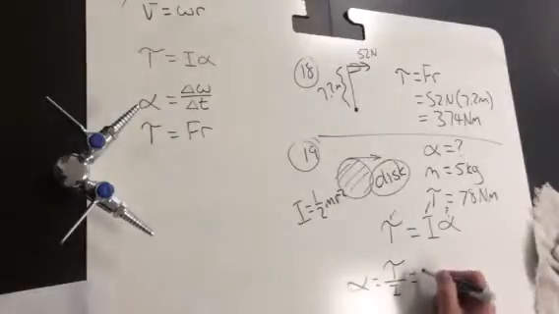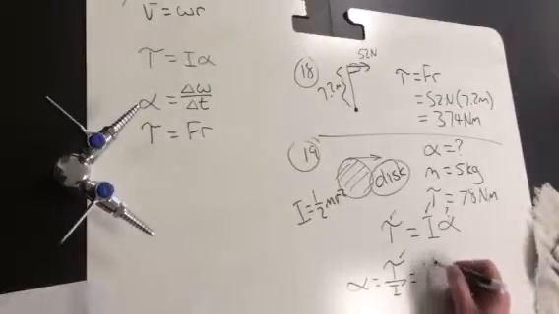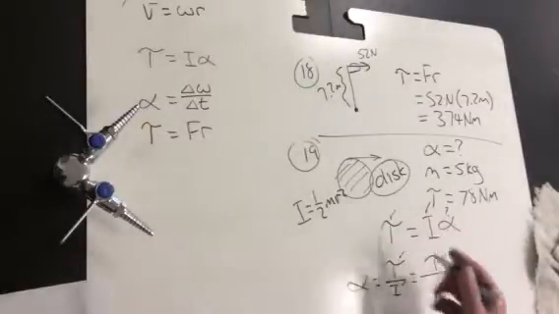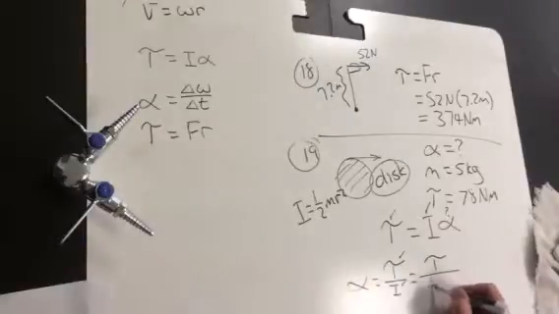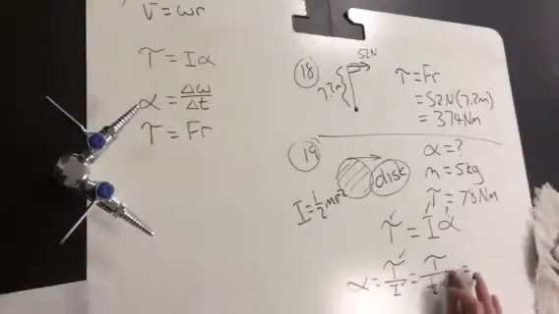Torque, I have. I can still calculate I. The I in your book is equal to 1/2 mv squared. I'm sorry, not mv squared, mr squared. My mistake.